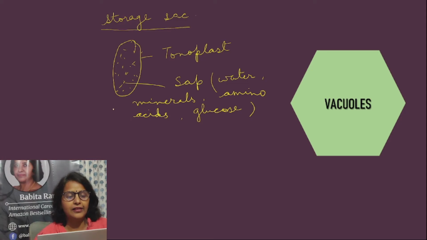So in plants, this is also not present in meristematic tissue. It is present in all the plant cells, but it is not present in meristematic tissue.